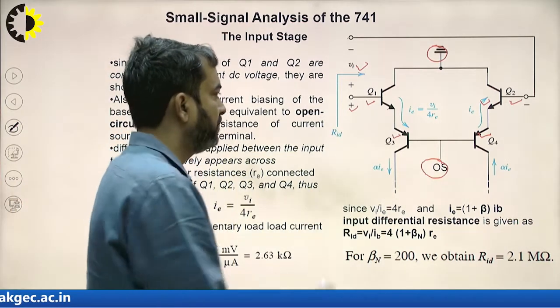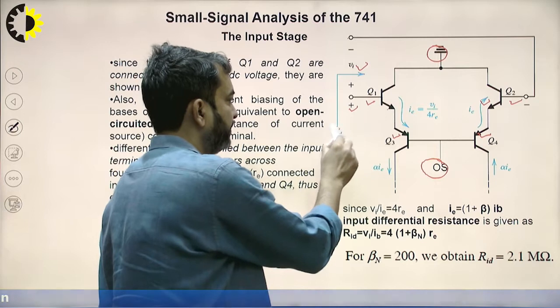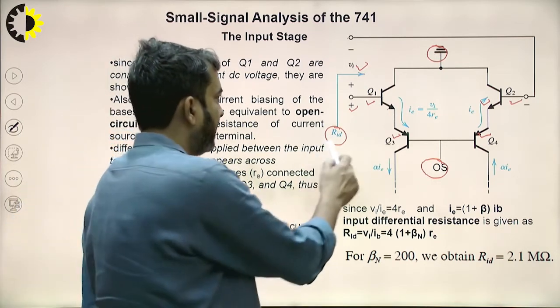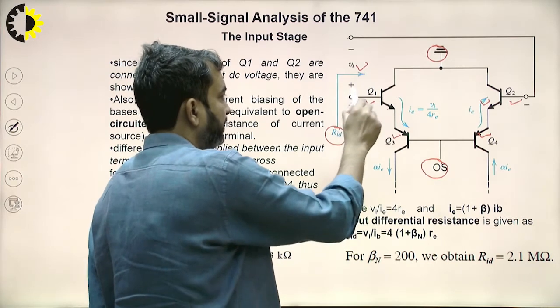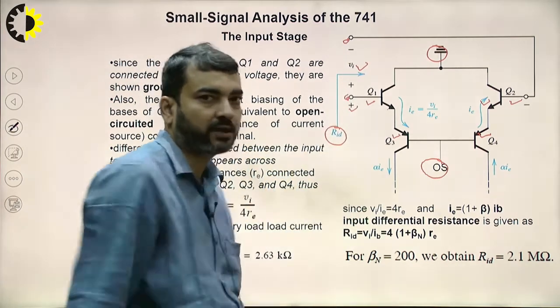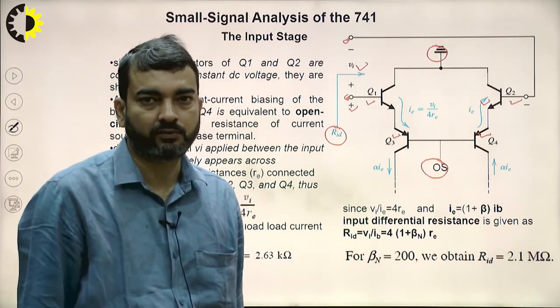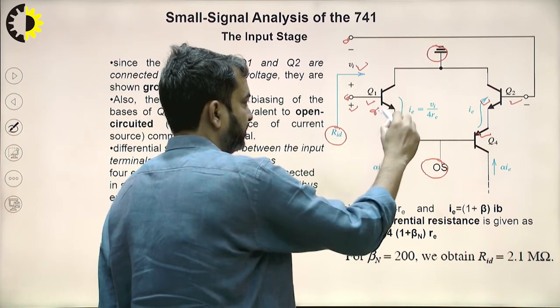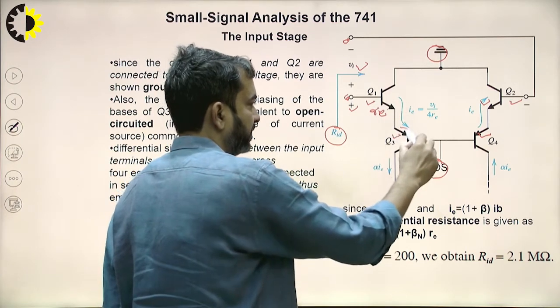Now if we want to calculate the input impedance RID, that is the input impedance looking between the two input terminals of transistor Q1 and Q2, we have seen there are a total of 4 resistances, that is the emitter resistance of each of these transistors.